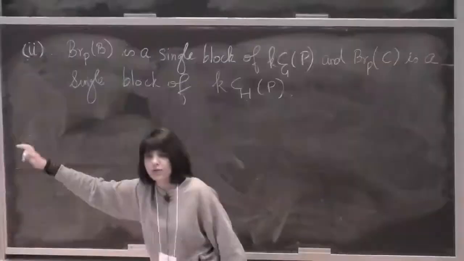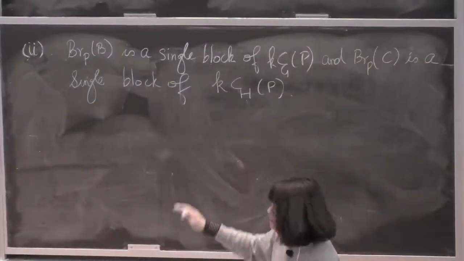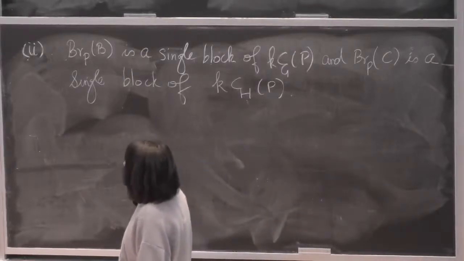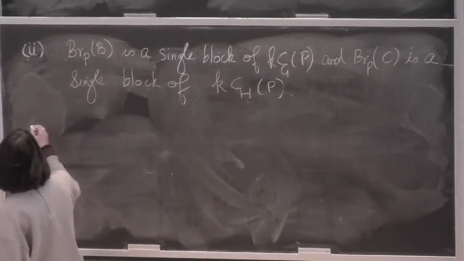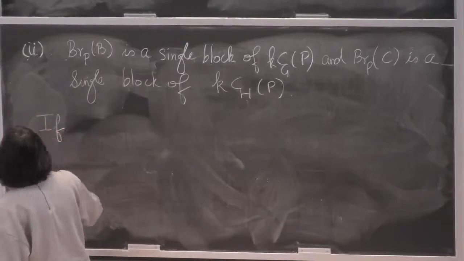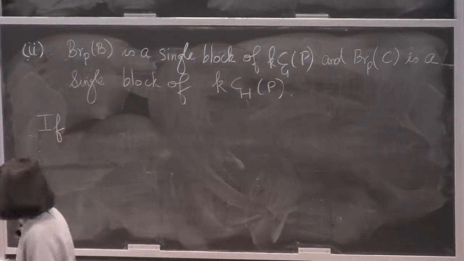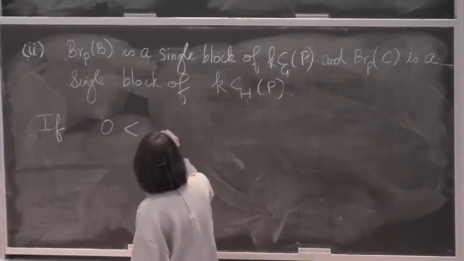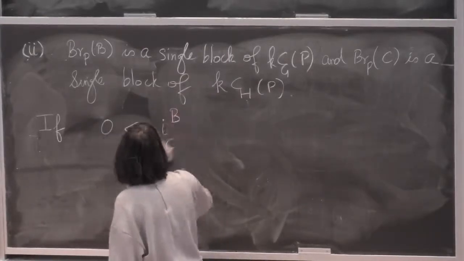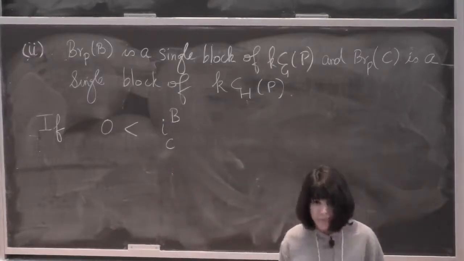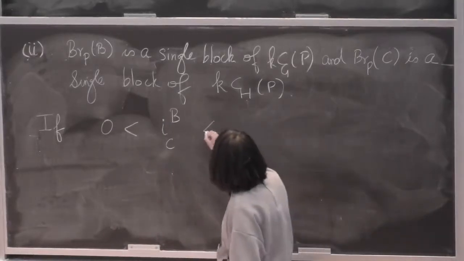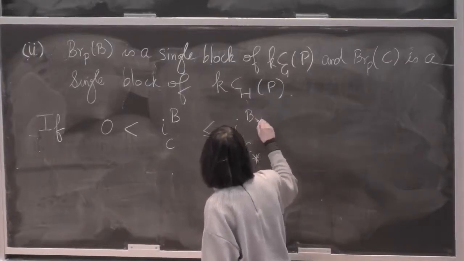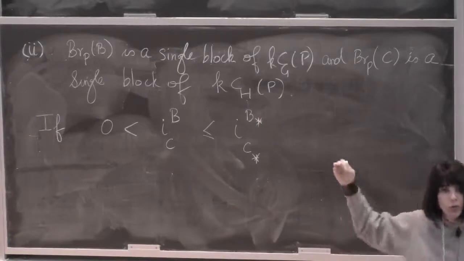Okay, so there are these kind of annoying restrictions. They are real restrictions. So this doesn't always work. Anyway, so what's the criterion now? You count a global multiplicity and you count a local multiplicity. So if you have that 0 is less than the multiplicity of B, and that happens to be less than or equal to the count that you do at the local level.